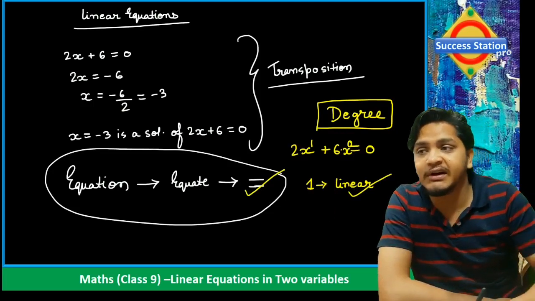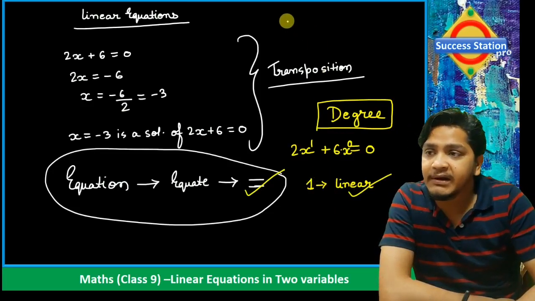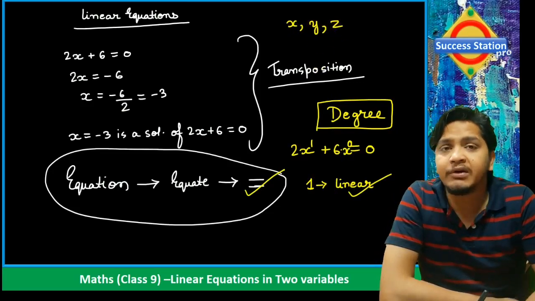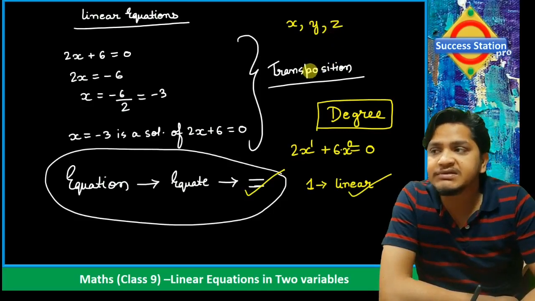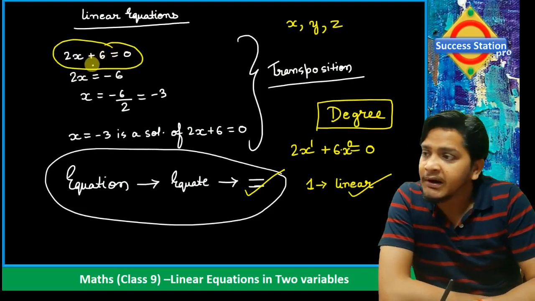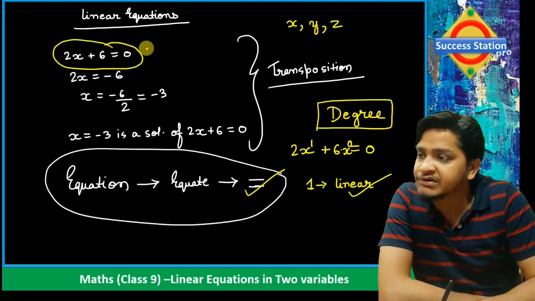Now we also studied about variables. Variables are x, y, z, whose values keep on varying, whose values keep on changing. So when you had only one variable present in the equation, it was called a linear equation in one variable.